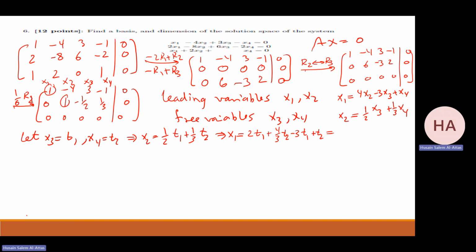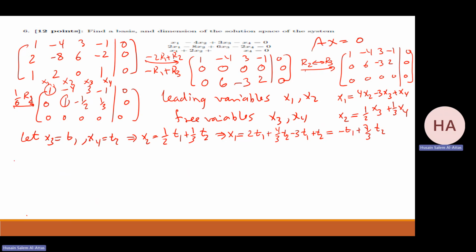That will be minus t1 plus 7 over 3 t2. After t1, that's good. I'll plug it there: 2t1 plus 4 over 3 t2, 7 over 3, and this is minus t1.